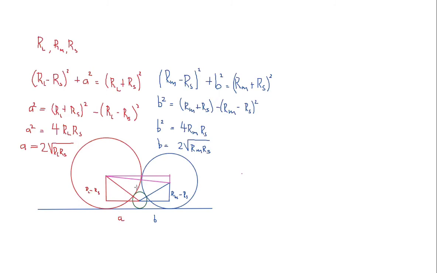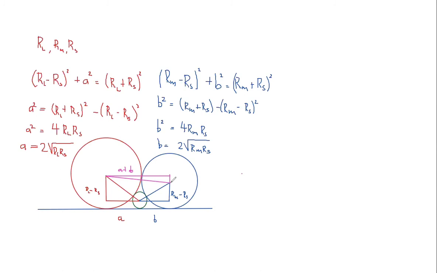So what you also will notice here is that this length is parallel to this one. So this is actually our arbitrary side A plus B. So I will write that in. Up here is A plus B, this side. The hypotenuse is RL plus RM.